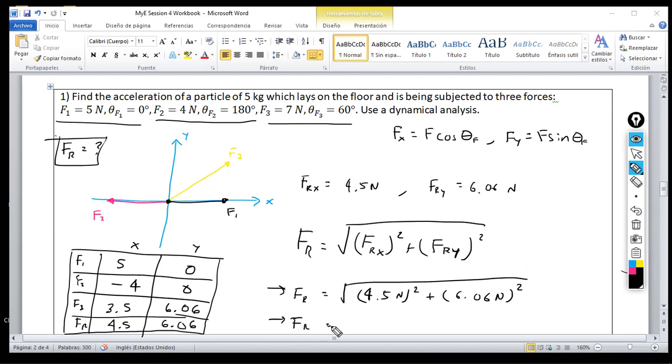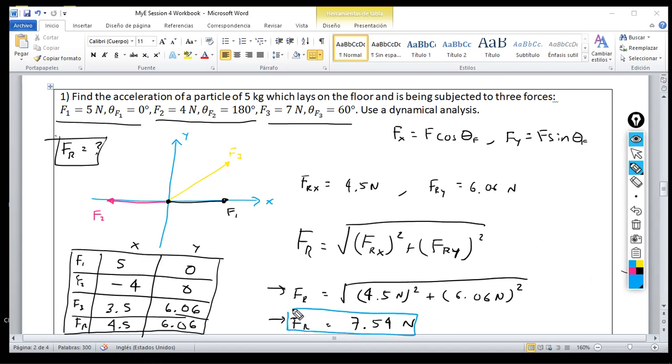And so the resultant force is, one more time, let's calculate that expression in the calculator. It's rather easy. I'm getting 7.54 newtons. And so this is my resulting force.